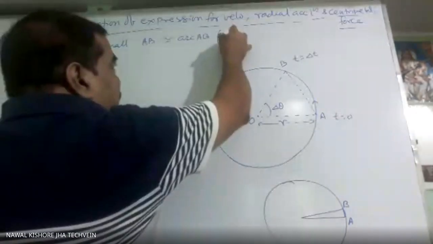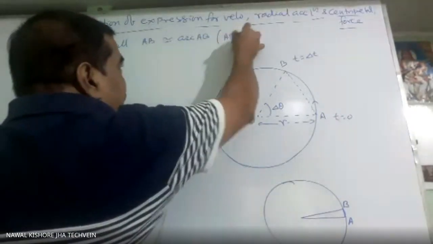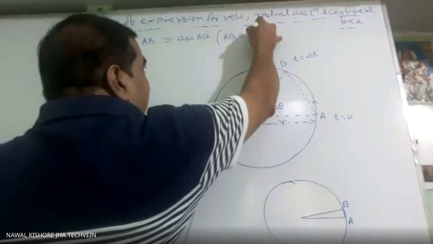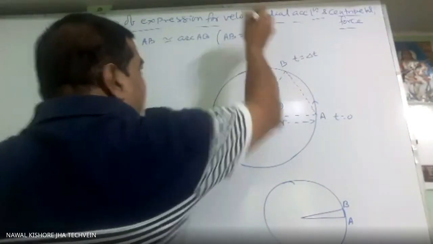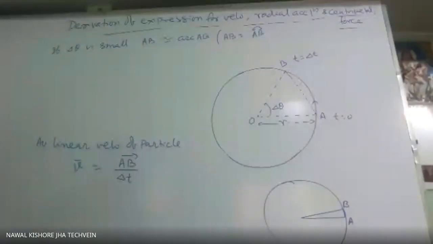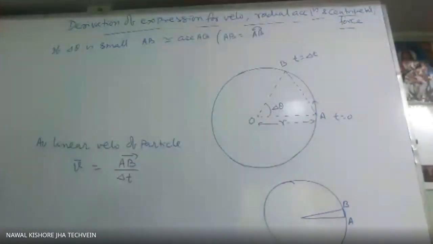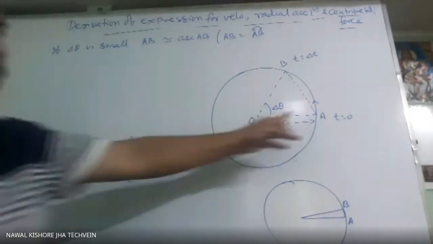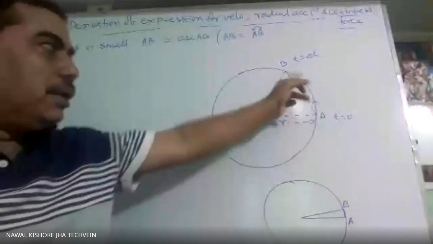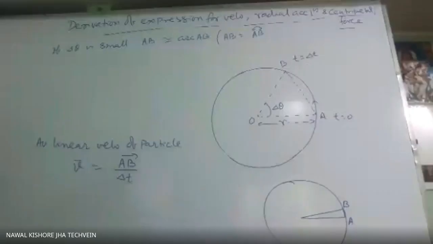Symbolically, we write arc AB with an arc over AB, that is the circular part. AB is the linear one, that is the chord, and the arc will be the same if theta is small.